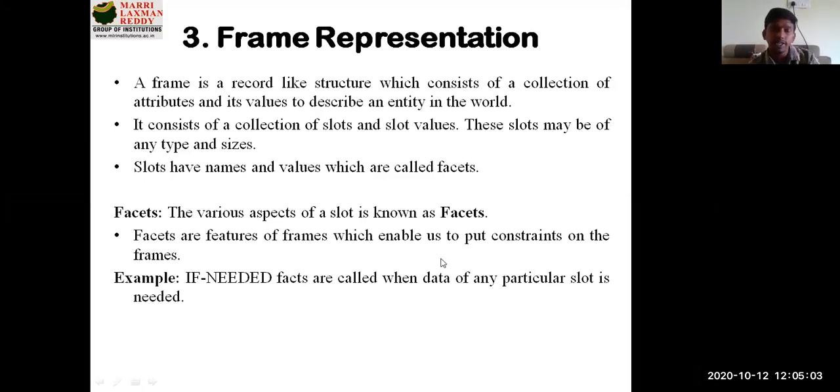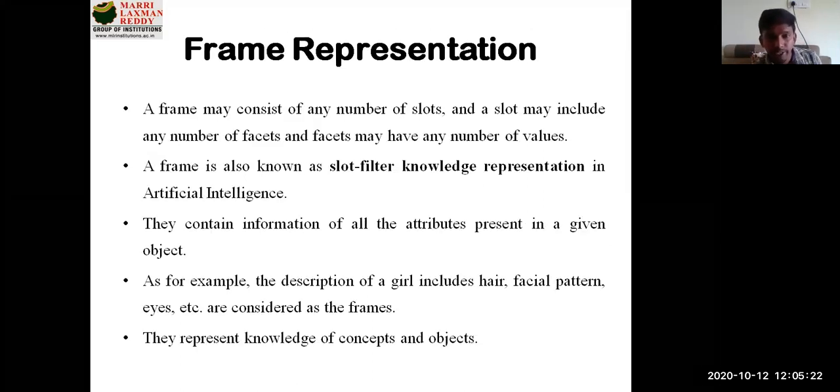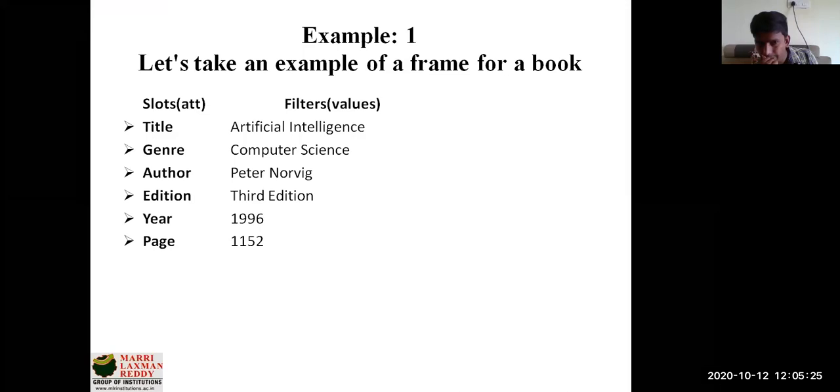So whenever a question is asked about what frame representation is in knowledge representation, you need to give this terminology: what is a slot, what are slot values, what is a facet. Facets are features of frames which enable us to put constraints on the frames. We'll try to see with respect to an example what we are discussing.